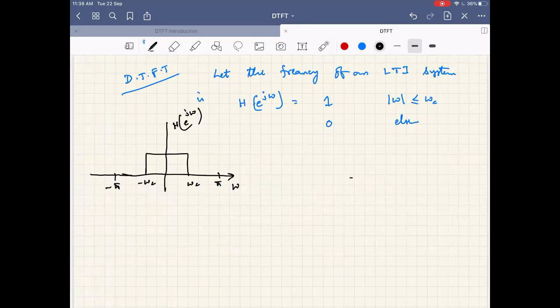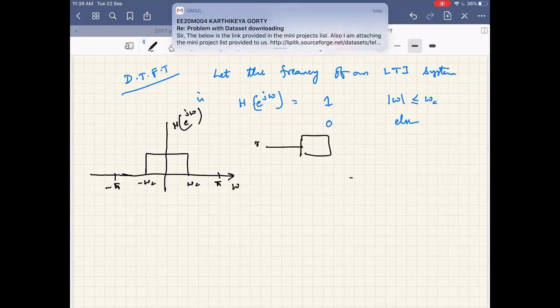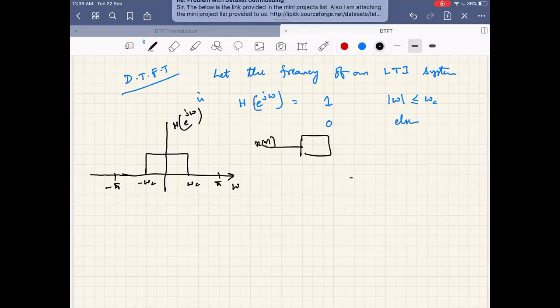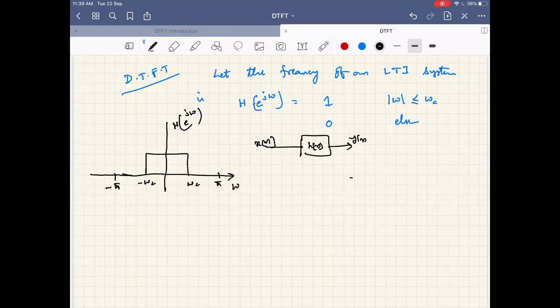Now, given this system, this is the frequency response of the system. What does this indicate? This indicates that the system passes only these frequencies. Say I have a system where x of n is given as input, the system is h of n, a linear time invariant system, and y of n is the output.